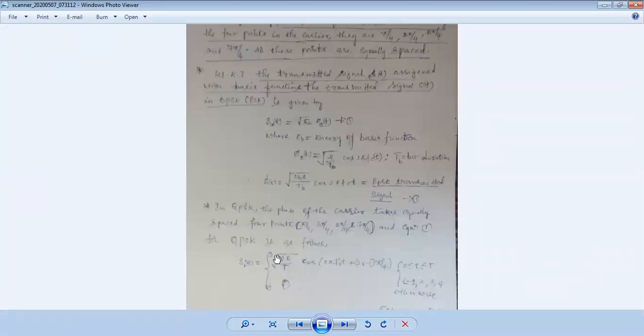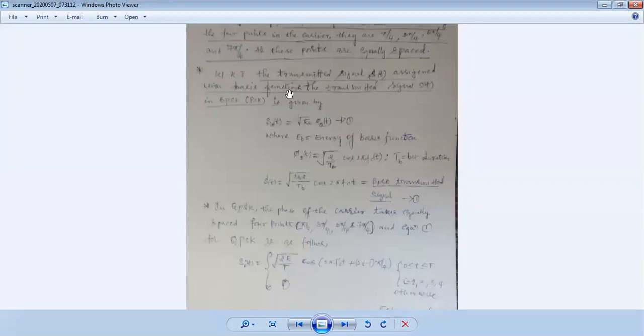That is why the amplitude, that is the energy, the signal information, is square root of 2E over T, multiplied by cos of 2 pi fc t plus (2i minus 1) pi by 4, which indicates the phases of the two equations. So the QPSK signal, with the different phases, can be generated from this equation, for 0 less than or equal to t less than or equal to T, and 0 otherwise.